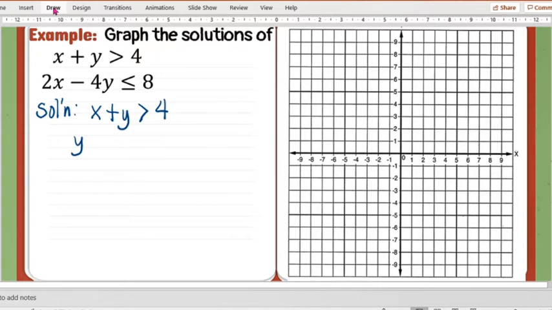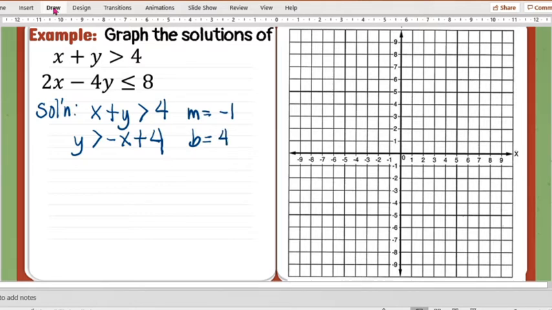So, y greater than negative x plus 4. Then I'm going to identify the m or the slope and the y-intercept. Our m here is negative 1 and our b or y-intercept is 4.